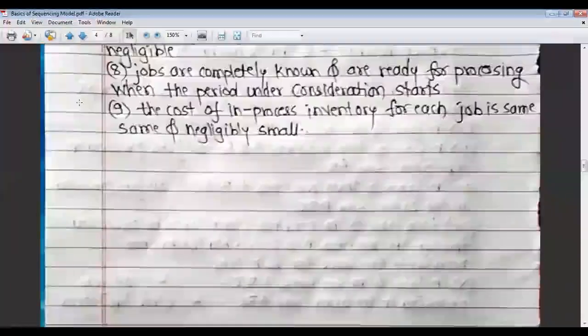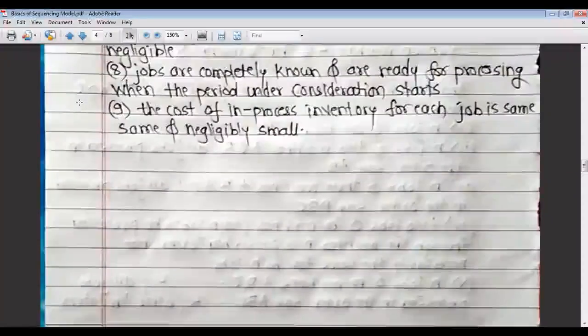Jobs are completely known and ready for processing when the period under consideration starts. With this assumption, we have eliminated the possibility that the operator does not know how to process the job. We have also eliminated the possibility that when the job is to be processed, the machine is not ready because it has undergone some maintenance.